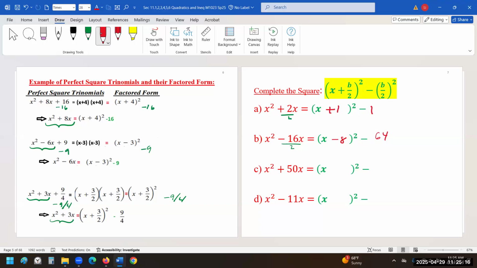Who would like to do C? x squared plus 50x. What goes next to the x? Plus 25. This time our B is positive 50, so you take the half, it's positive 25.